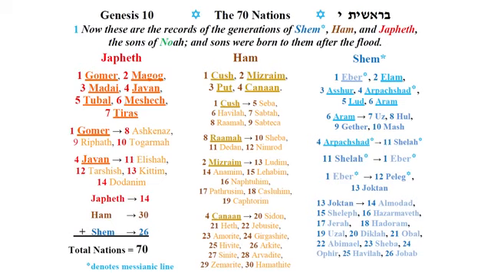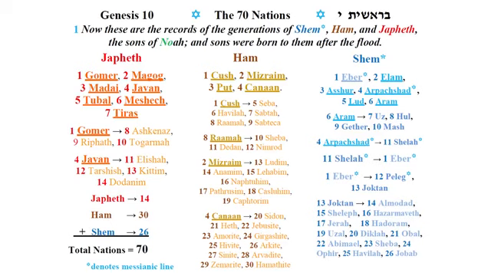Okay, in Genesis chapter 10, this is after the flood. Genesis chapter 10 is known as the Table of Nations. Verse 1 says, now these are the records of the generations of Shem, Ham, and Japheth, the sons of Noah, and sons were born to them after the flood.